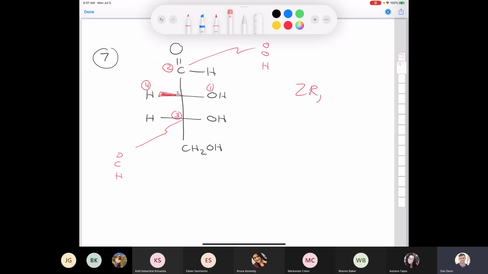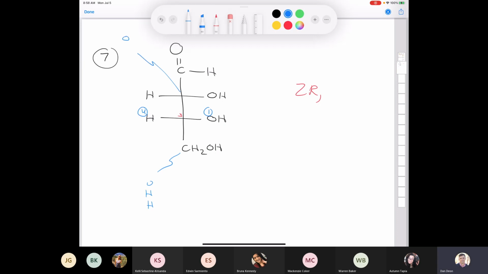Now I'm just going to erase some of this stuff that's in the way, just to make a little space here for us. So we have a 2R, and then we're going to move on to the next stereocenter, which is carbon number 3. So let's take a look here. The oxygen has the highest priority. The hydrogen has the lowest priority. This carbon is attached to oxygen, hydrogen, hydrogen.